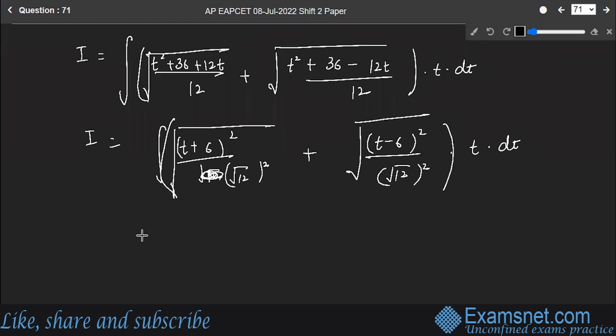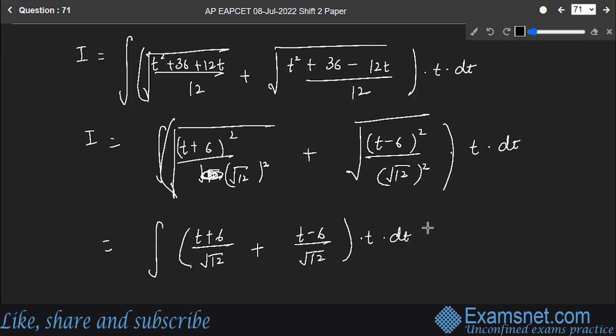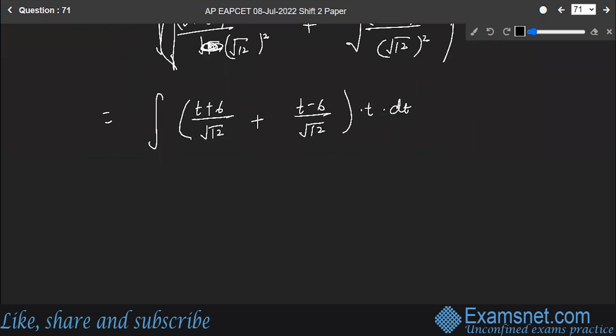Right? Okay. So now this can be written as integral of t plus 6 upon root 12 plus t minus 6 upon root 12 into t into dt. So now there is one more thing. This is valid if t square is greater than 36.